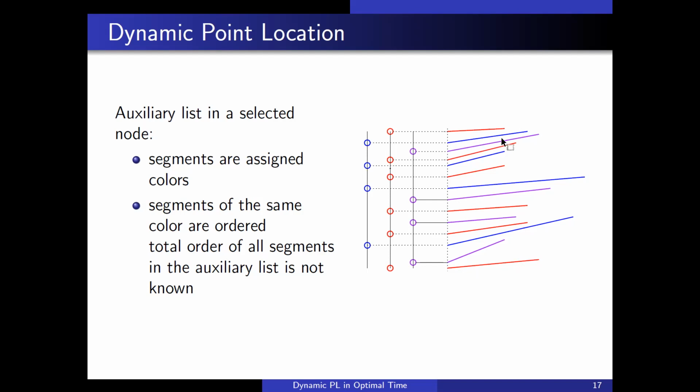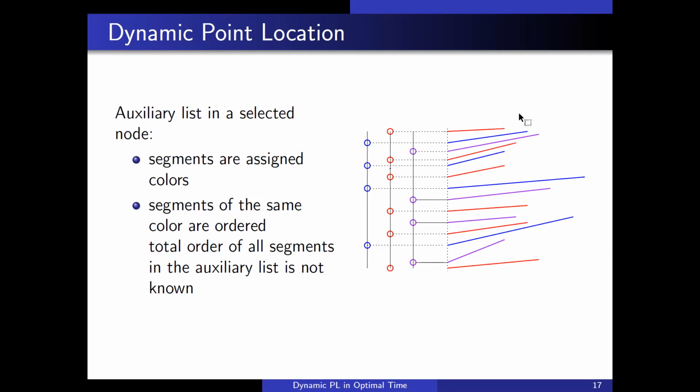So, for example, I know that for this blue segment, this will be the preceding blue segment, and for this red segment, this will be the preceding red segment. But I don't know the relative order, for example, of red and blue segments, or red and purple segments. So the total order of segments in this auxiliary list is not known.